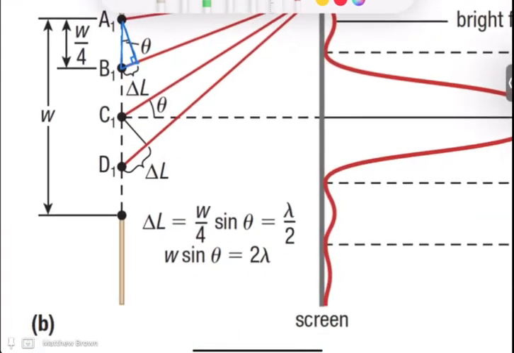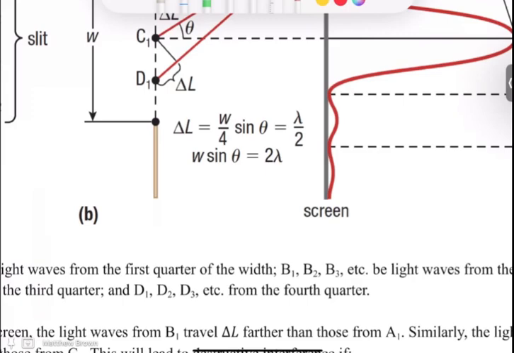So when we rearrange that, we end up with W over 4. And we need this to get destructive interference, the waves coming from B need to go an extra half wavelength. That's the lambda over 2. And we can actually rearrange this, in this case, do it right here. And we end up with W sine theta equals lambda over 2.